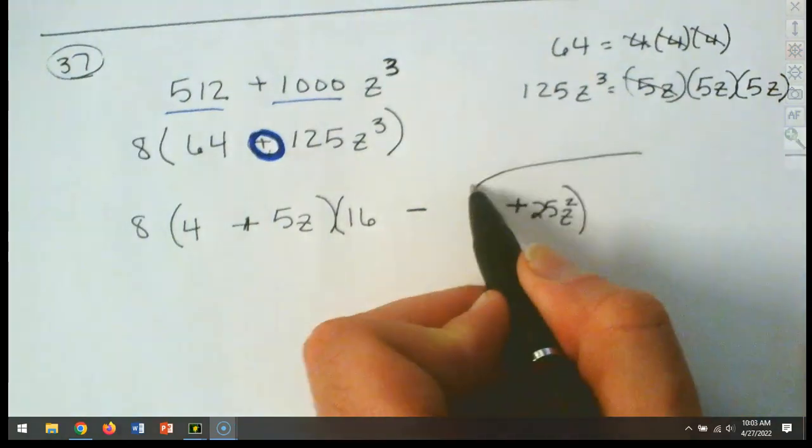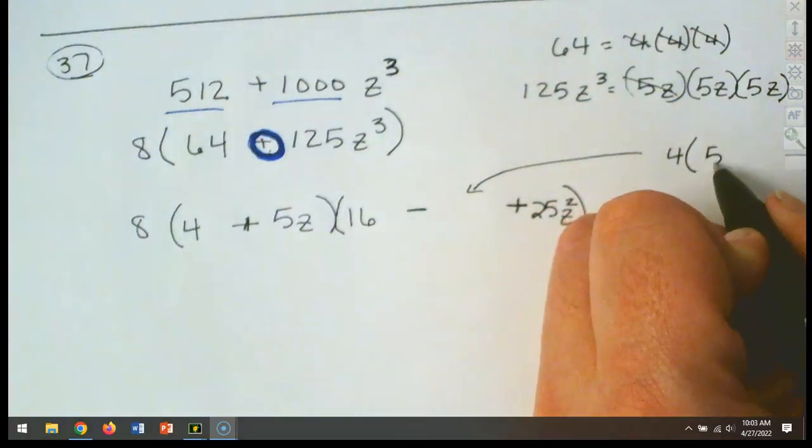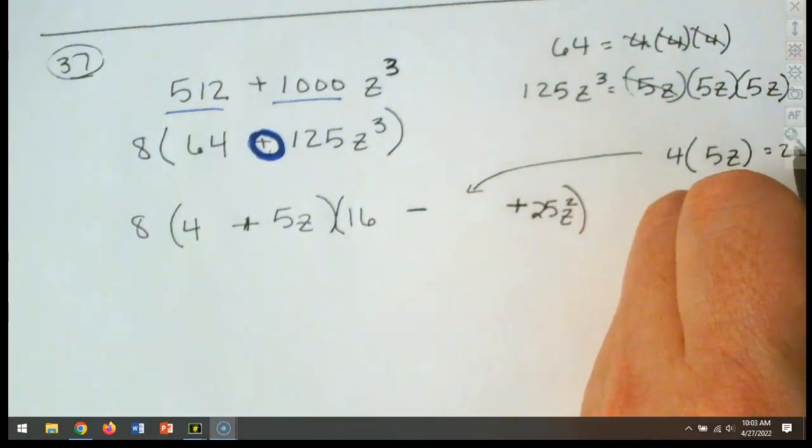And what goes in the middle here? That's those two multiplied together. So that's 4 times 5z, which is 20z.